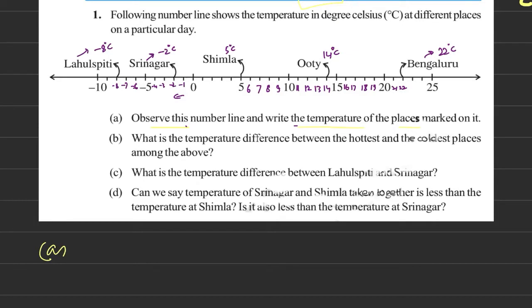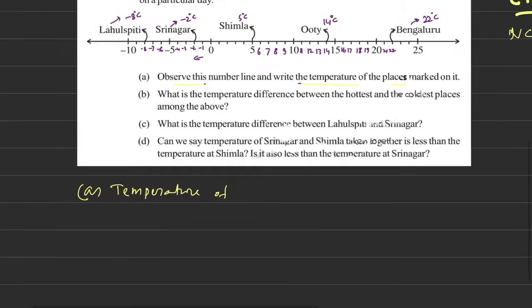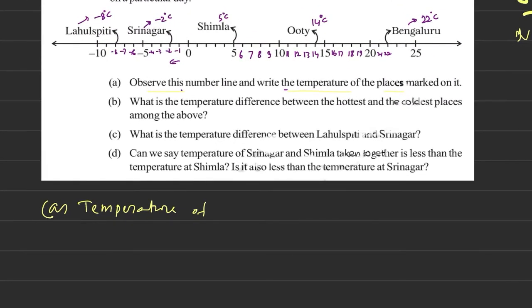Therefore, you have to write the temperature of the places. Right from here, Lahaul Spiti is -8 degrees Celsius. Then Srinagar is -2 degrees Celsius.